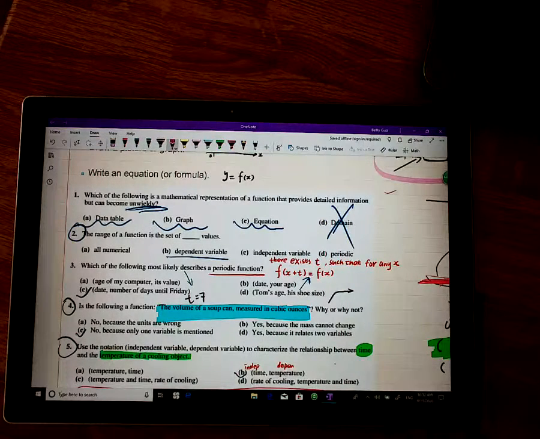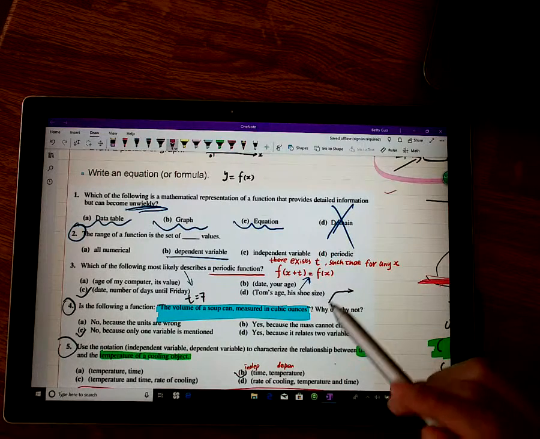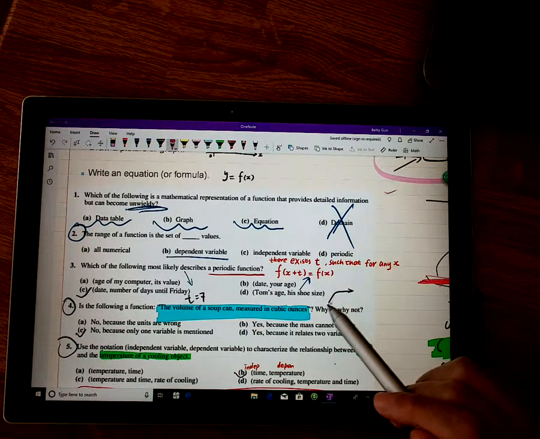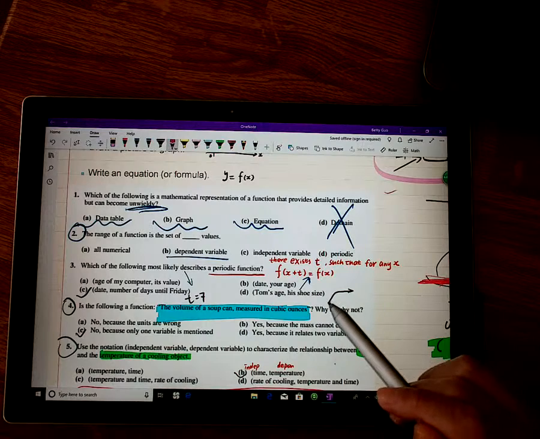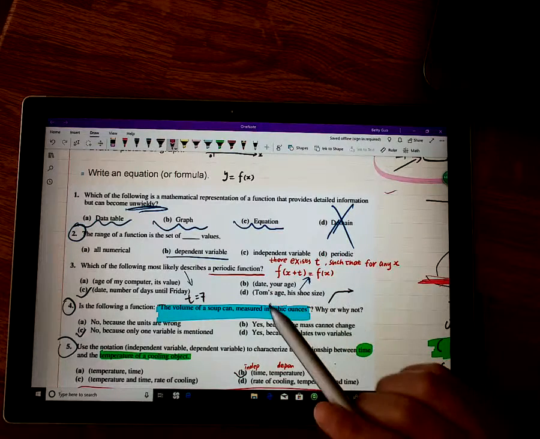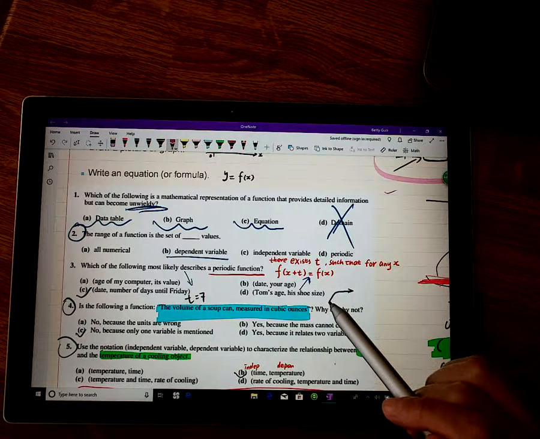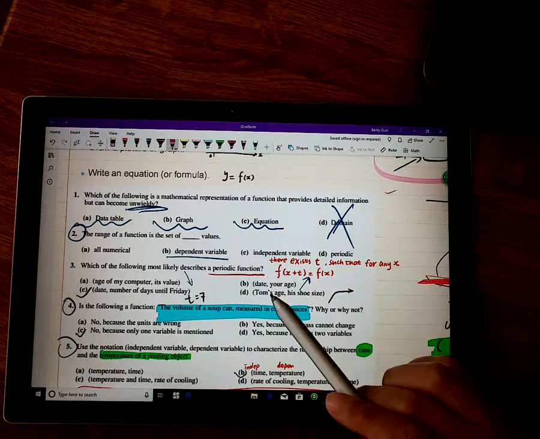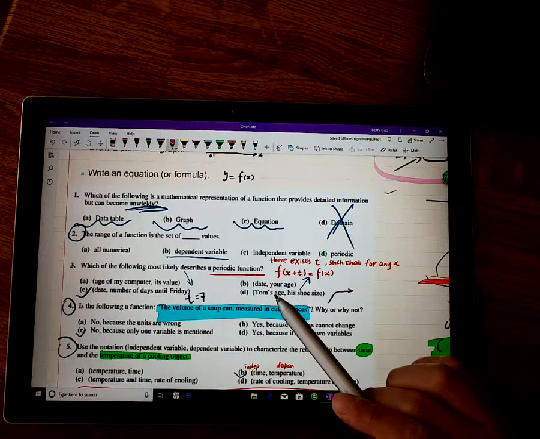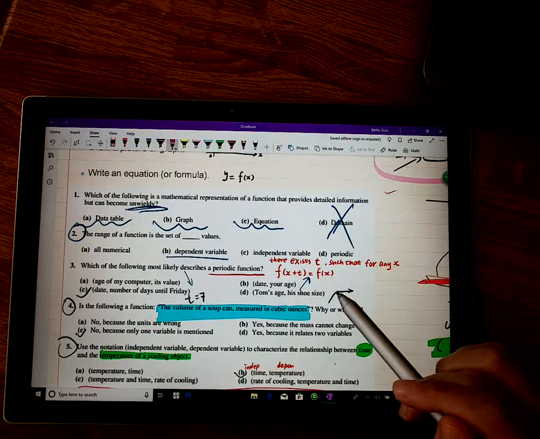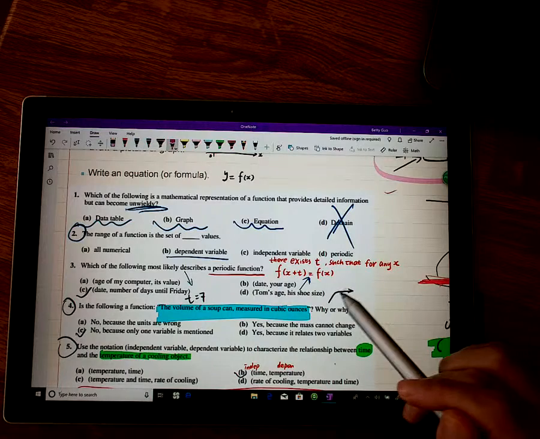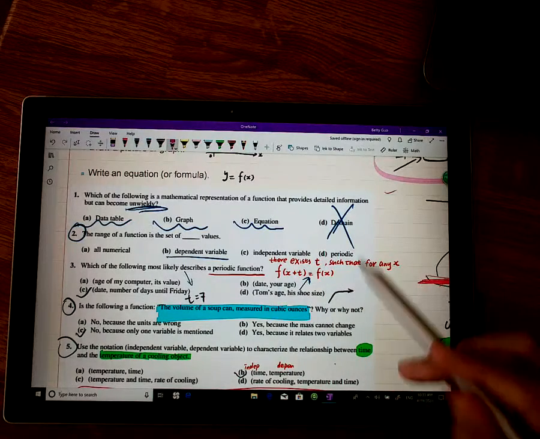Part D, Tom's age, his shoe size. I would say the function is increasing. When Tom is very little, his shoe size is very small, right? When he grows up, his shoe size grows. Once he is grown up, I mean like an adult, then his shoe size would remain the same, constant for a while.